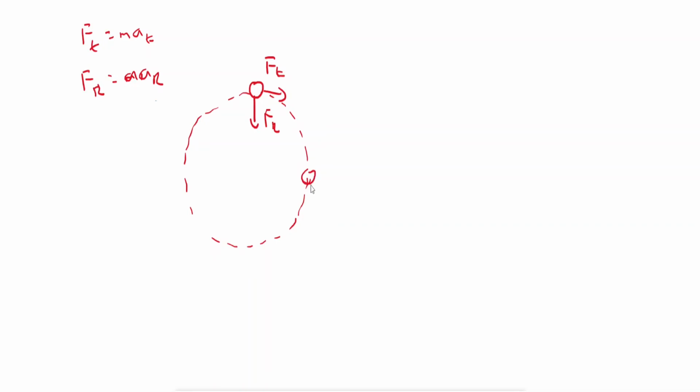Even here I am going to have F_t, and then F_r, and here I have my F_r and my F_t. Whatever force is tangent to the circle is always my F_t, and this is my F_r.